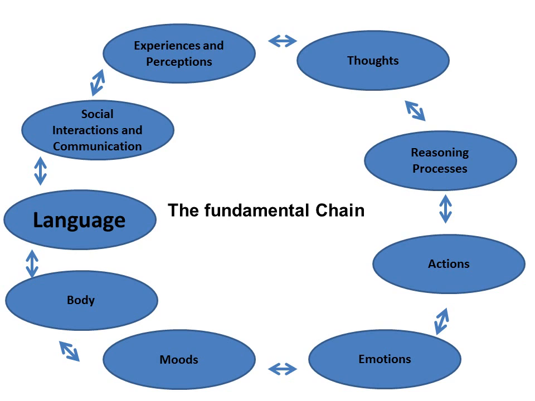Continuing from another perspective, the importance of language is also clearly revealed by the advances of cognitive psychology, sociology, and biology. It is known that there are mutual interactions and influences and even causal relationships among the constituents or links of the following circle, which we call the fundamental chain: language, experiences and perceptions, thoughts, reasoning processes, actions, emotions, moods, the body, social interactions, and communication.